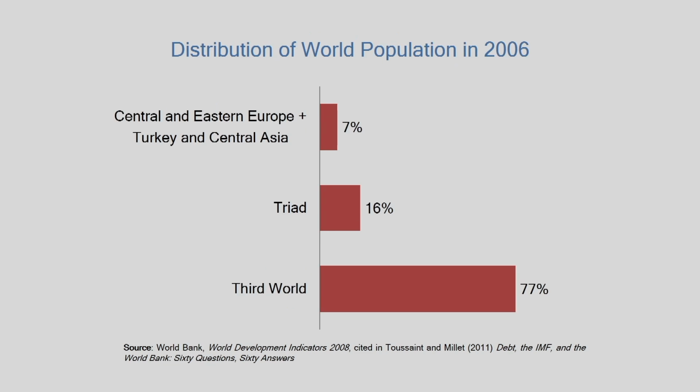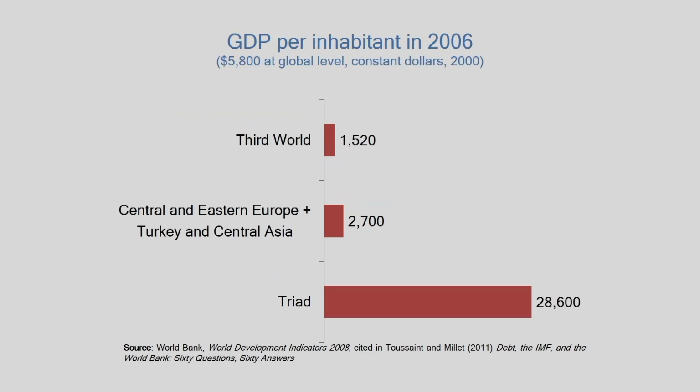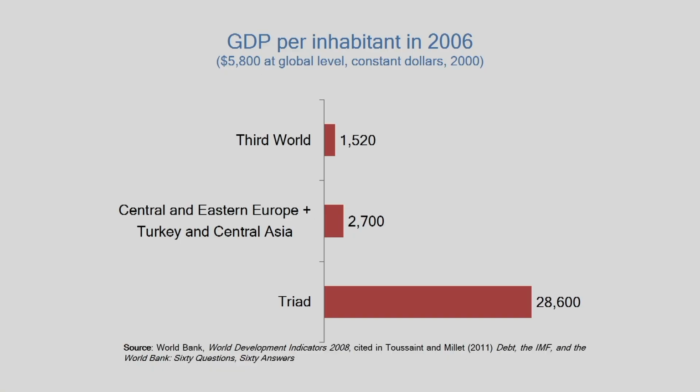Note the difference in these graphs, where the concentration of world population is largely in the third world. However, incomes are concentrated in the global north. And that is the kind of imbalance and inequality that we are talking about when we are looking at different country classifications.